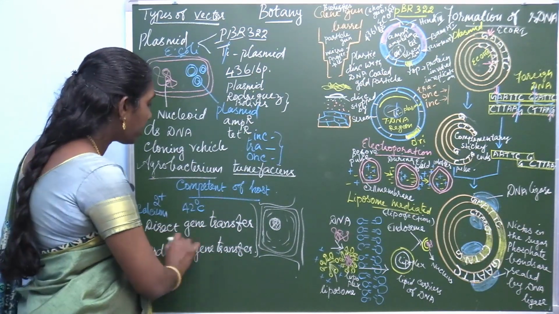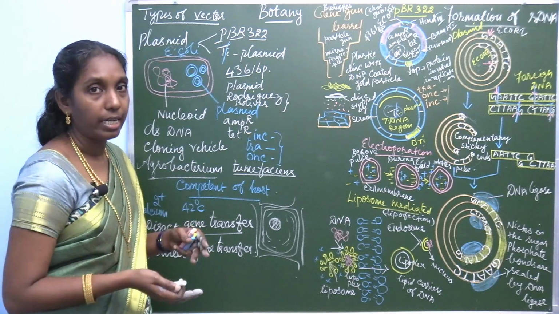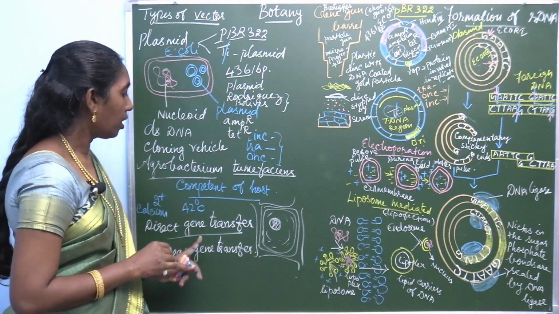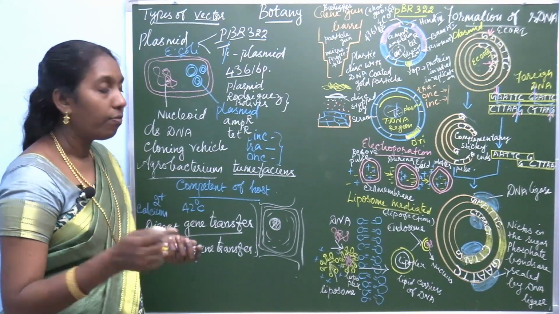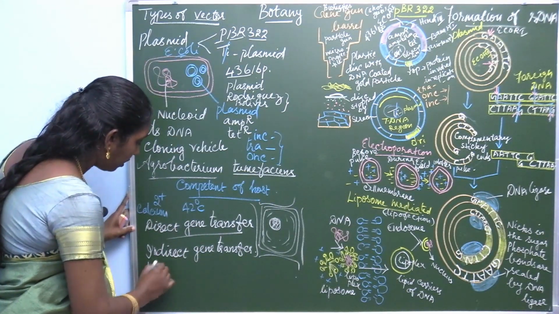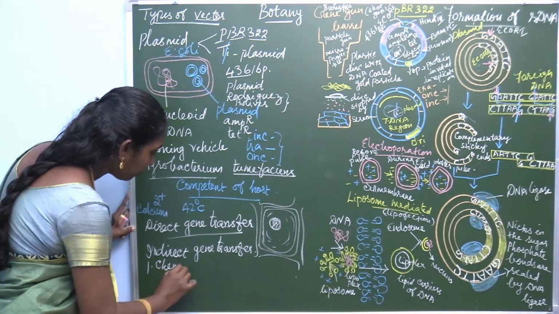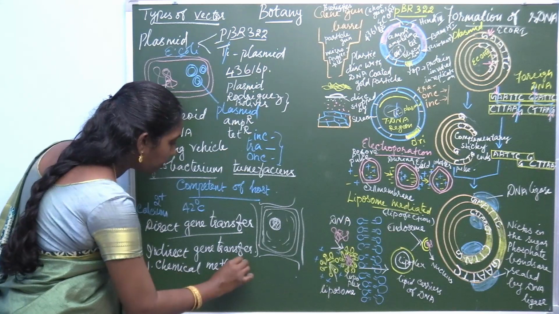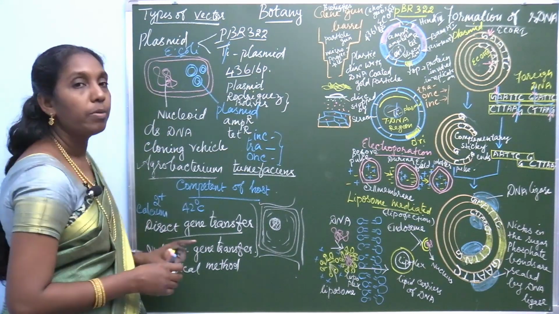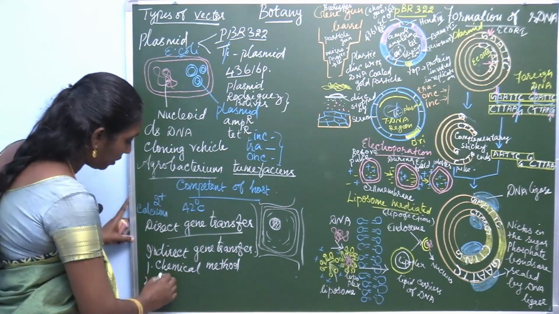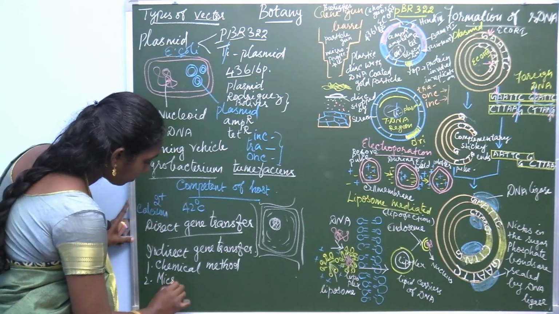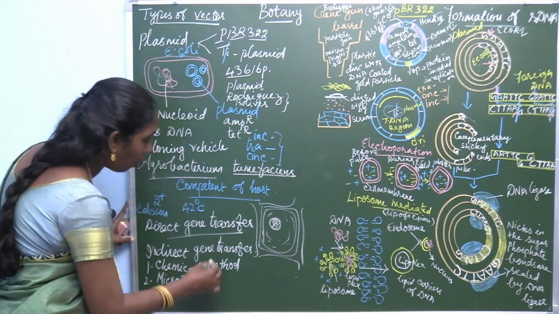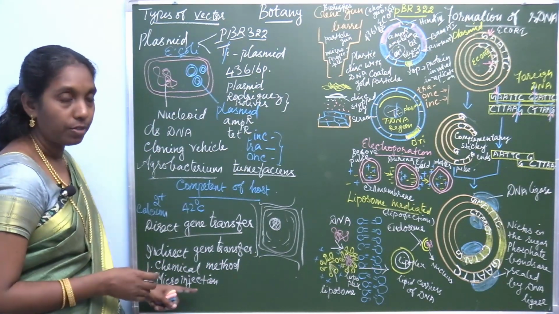Based on direct gene transfer, there are several types. The first type is the chemical method of gene transfer. Number 2, microinjection method of gene transfer.